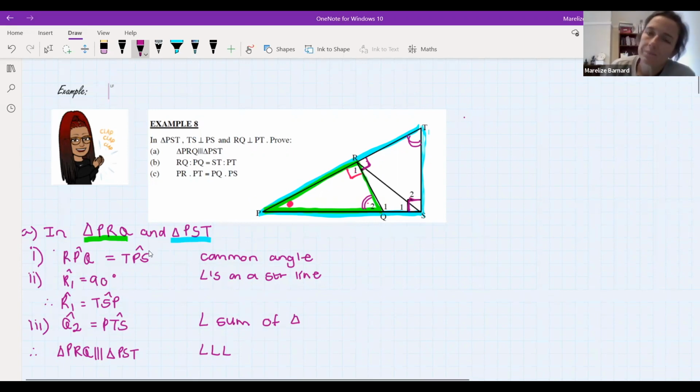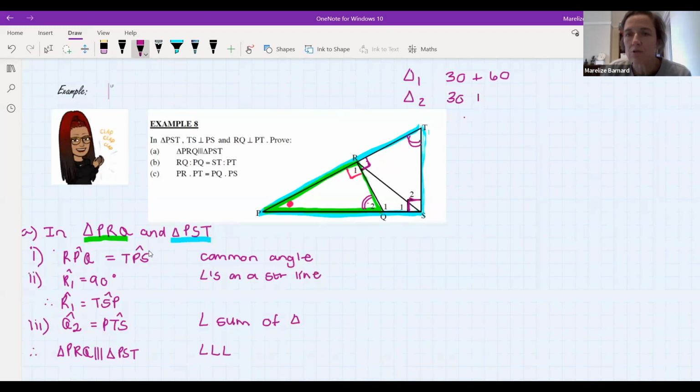I mean, we can do a few examples. What numbers add up to 180? Let's go 30 plus 60. So say I've got triangle 1 and triangle 2, and I know that there are two angles equal to 30 and another one equal to 60, and all the angles add up to 180.